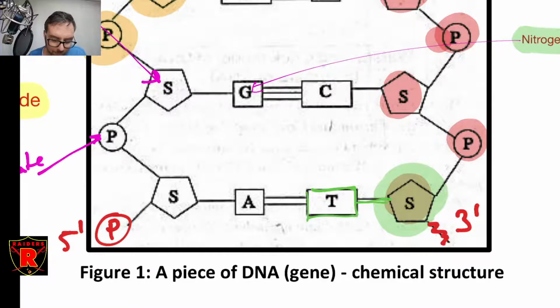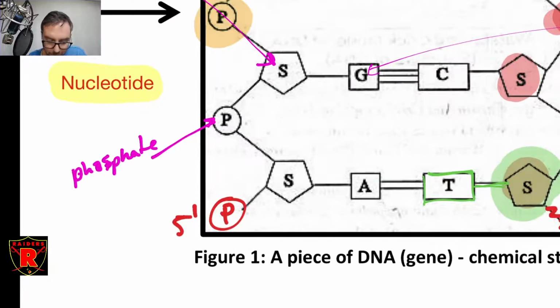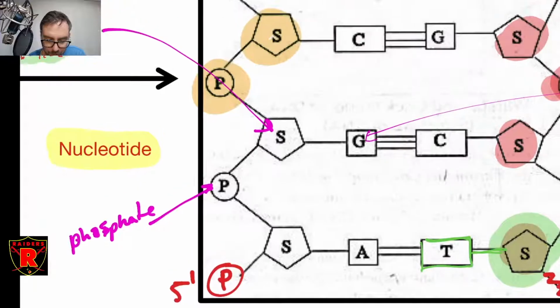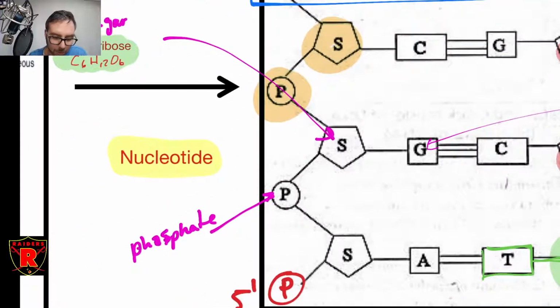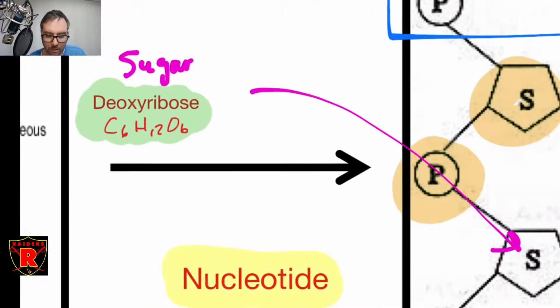So, like I said, we've got this sugar-phosphate backbone where it goes sugar, phosphate, sugar, phosphate. That sugar, by the way, is called deoxyribose. And that's where the deoxyribonucleic acid comes from. The type of sugar is a ribose sugar. That is the name of a sugar in that configuration, with those hydrogens and oxygens bound in those particular locations of the sugar.